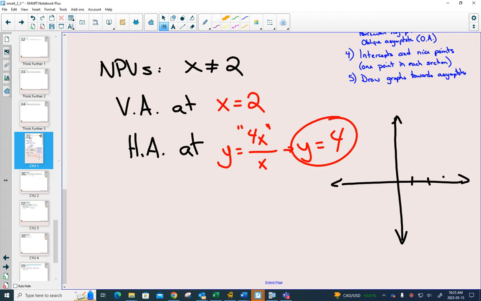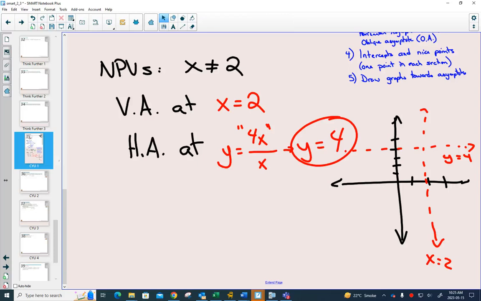We know that we have an asymptote vertically at x equals 2, and we know we have one horizontally at y equals 4.